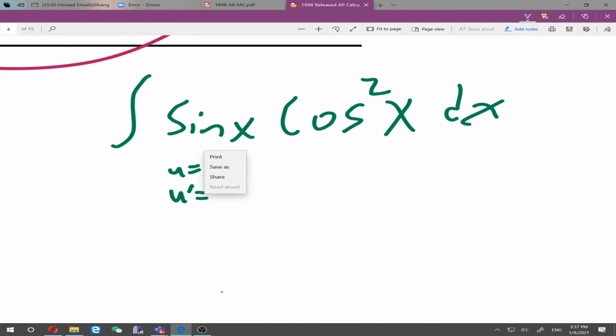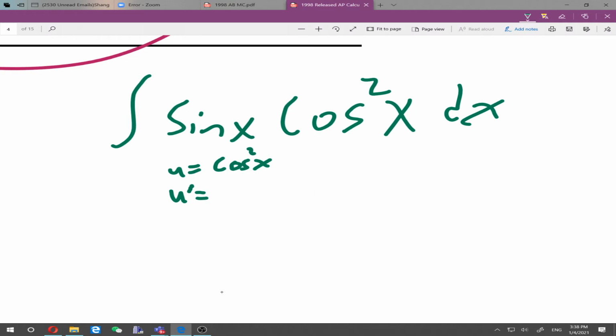Okay, if I make u equal to the sine of x, then u prime would be the cosine of x, and I'll have an extra cosine. So I need to try something else. If we set u to the cosine of x squared, then this would be 2 cosine x times negative sine x, which is not what we have on the outside of cosine squared.